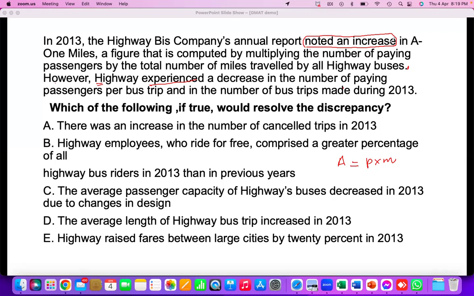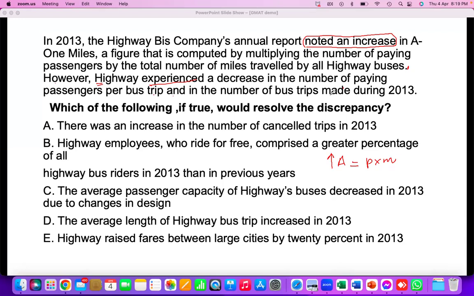Noted an increase in A. Now, this is basic logic. A has increased, and then what does it say further? Highway experienced a decrease in the number of paying passengers per bus trip, and in the number of bus trips made. What does it mean?